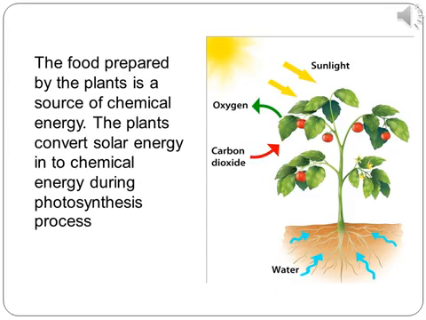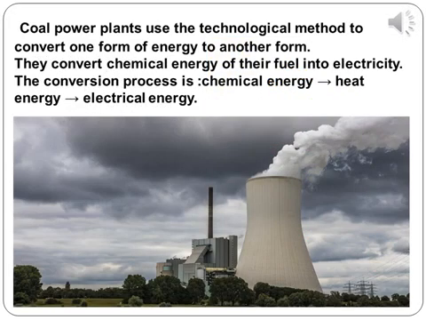During the photosynthesis process, the food prepared by the plant is carbohydrates, which is a source of chemical energy, that is, the plants convert the solar energy into chemical energy.